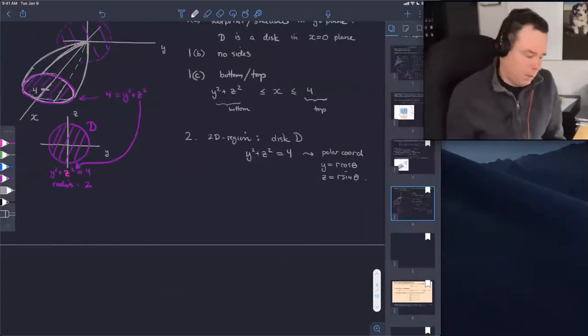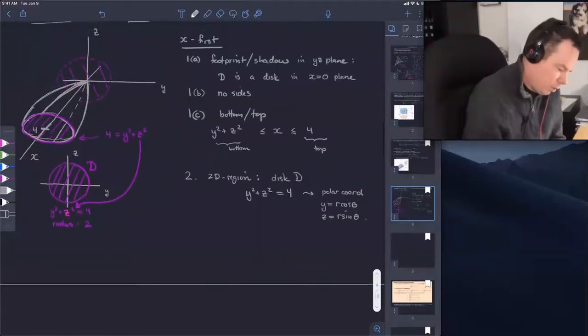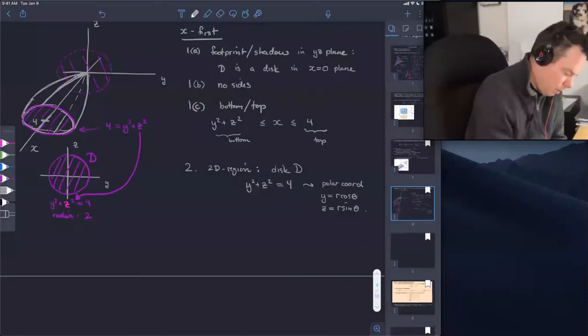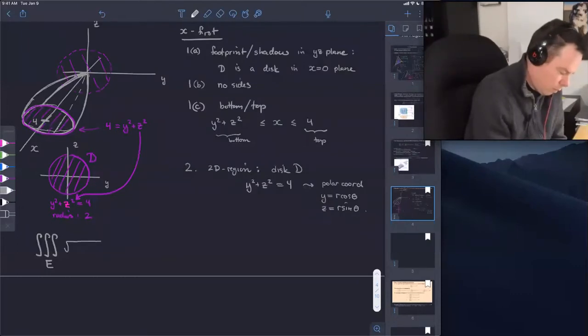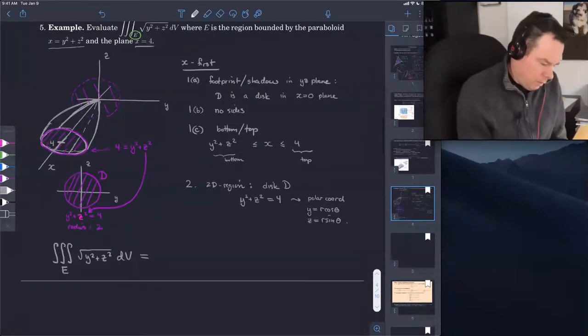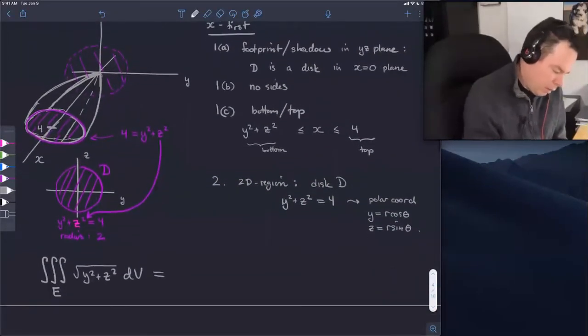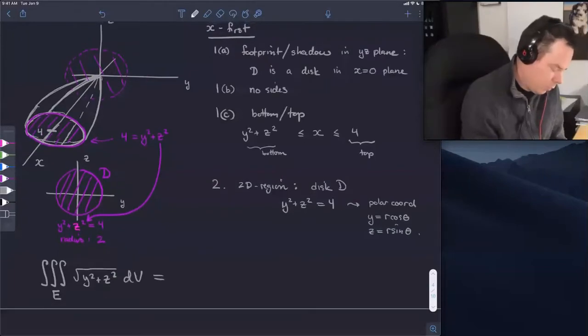Now we're going to go ahead and do the setup of the integral. So I'm going to leave our questions up above. And the integral is now this triple integral over E of our integrand, y squared plus z squared dV. Now we're going to say, well, we set it up as an x first integral.